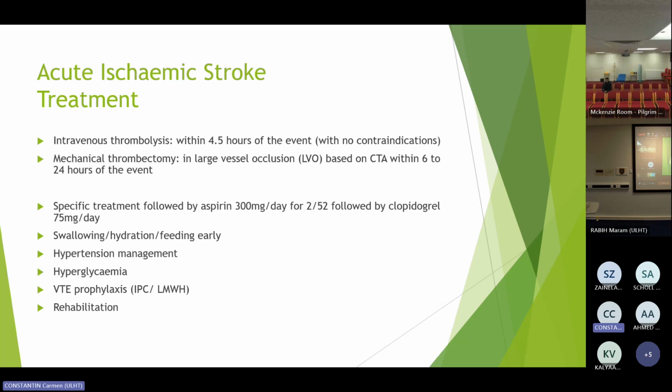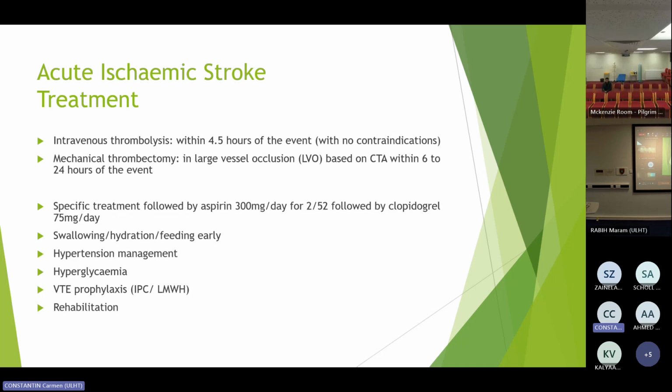Mechanical thrombectomy is another treatment option, which we can't provide here in Lincoln, but is provided locally for the whole region in Nottingham. This could be offered based on a plain CT head scan and a CT angiogram.